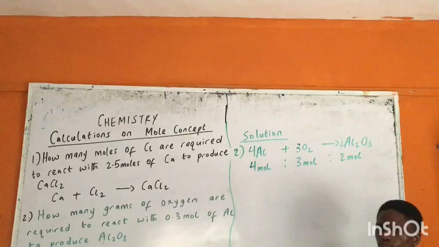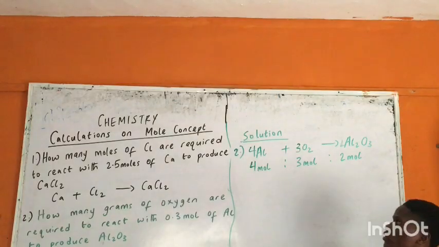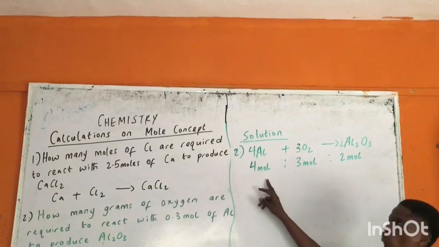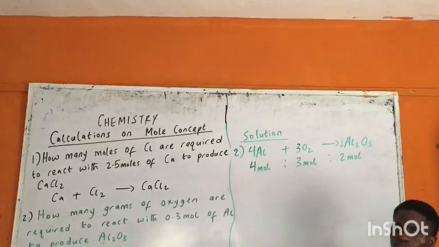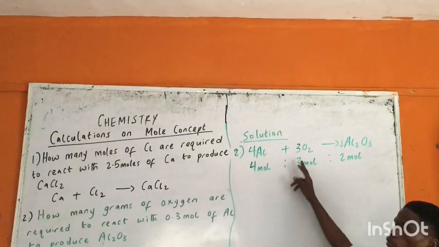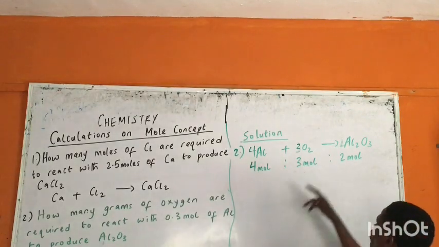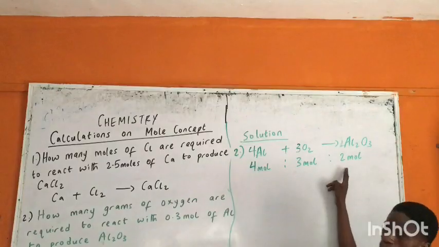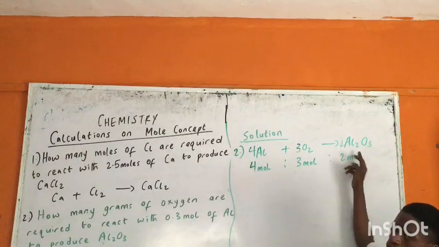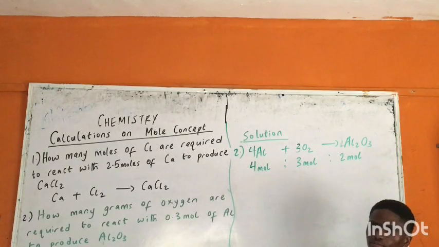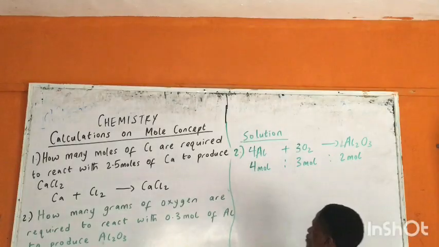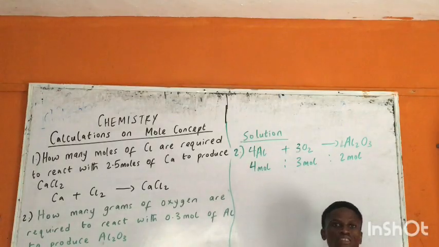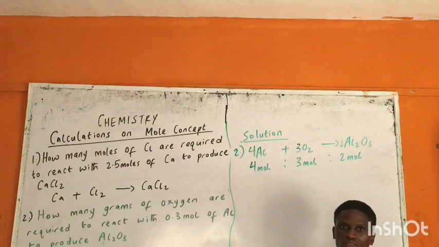So from the equation, we are having 4 moles of aluminium reacting with 3 moles of oxygen to produce 2 moles of aluminium oxide. The next thing to do is write out the relating substances.